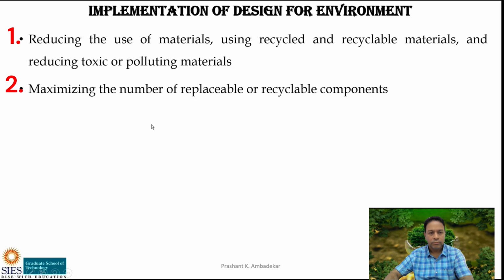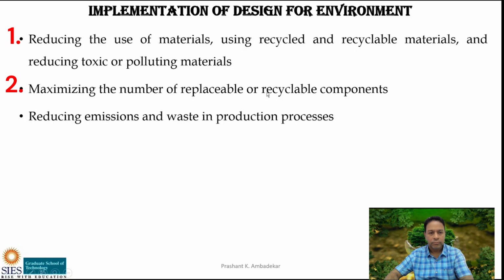Because only that much portion is not working, the remaining portion of the assembly is working. So why should you replace this remaining portion which is working, and consume the resources that are available in nature? That's why it says to maximize the number of replaceable or recyclable components.